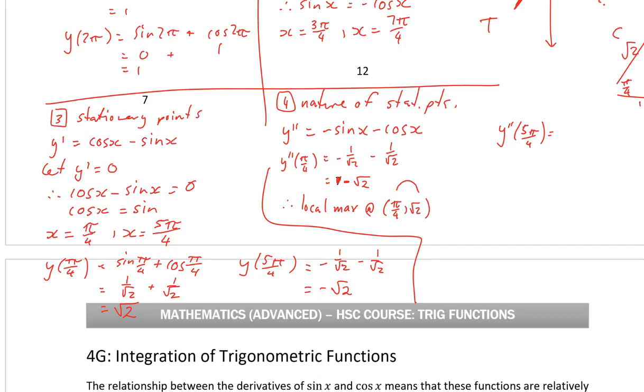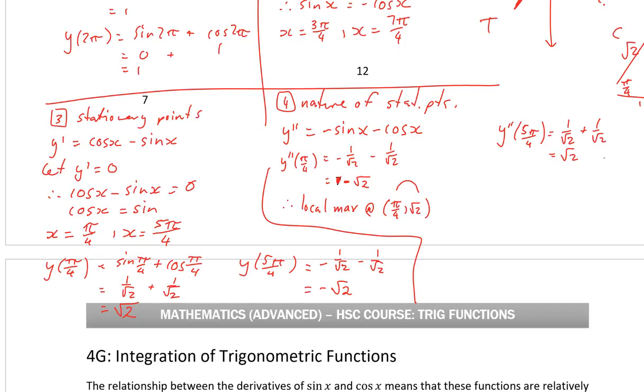So it's negative, negative, so they become positives. The sine of 5 pi over 4 would be negative 1 over root 2, and I've got the negative of negative, so that's 1 over root 2 plus 1 over root 2 equals root 2.